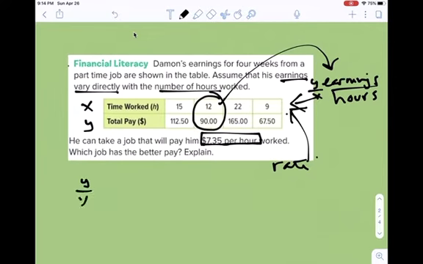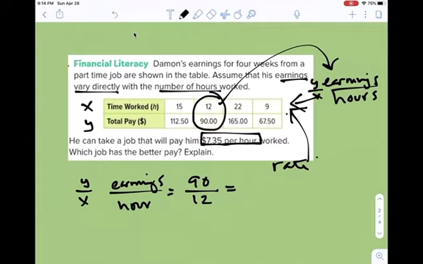So we're going to go Y over X is my earnings per hour, right? Basically how many dollars per hour you make. And so my earnings was 90 over 12 hours.